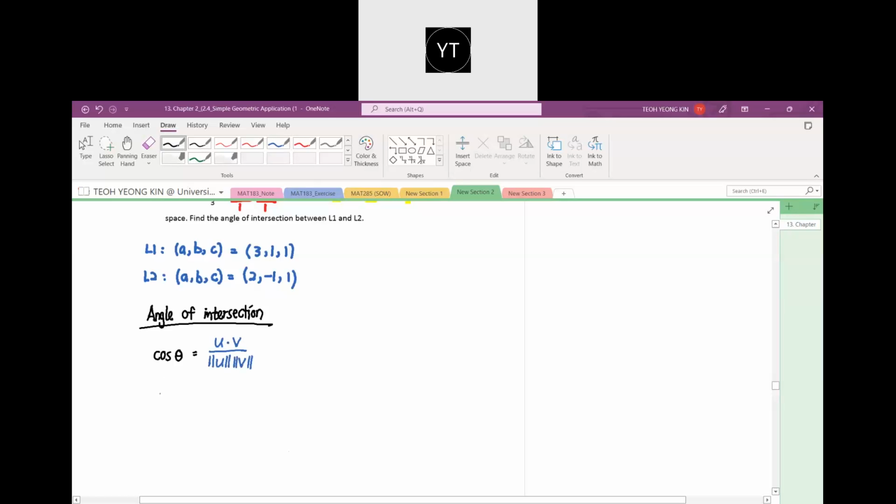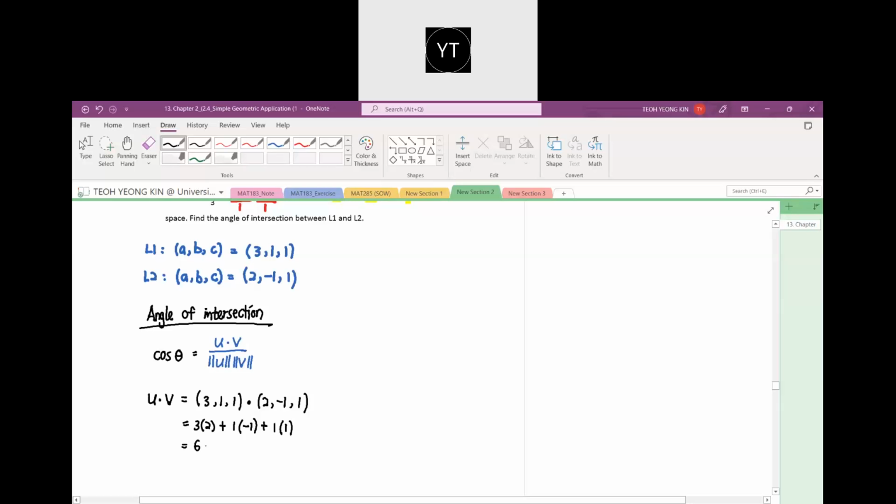So from this part, for cos theta, I try to find it separately. I try to find the dot product first. So the dot product of U and V is equal to 3, 1, 1 dot product with 2, -1 and 1. So 3 times 2 plus 1 times -1, following the order, plus 1 times 1.